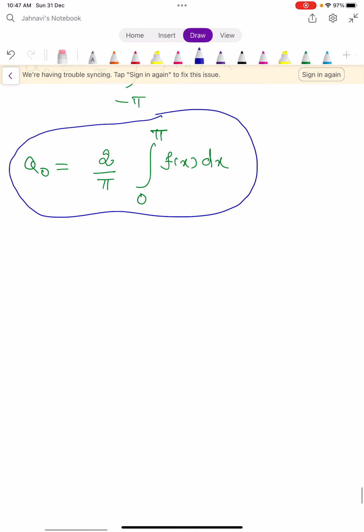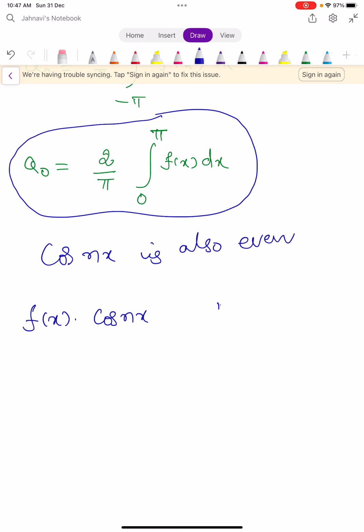In a similar way, we know that cos nx is also even. If cos nx is even, then the product f of x into cos nx is also even. The product of two even functions is again an even function.